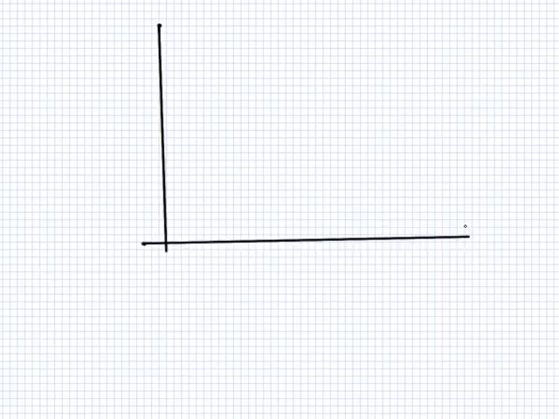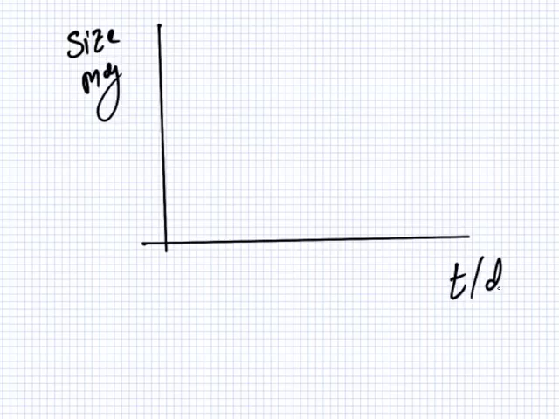Just to give you a biology example, I don't know if this is semester 1 or semester 2, but say something like fetus development. Here we have size, which maybe could be in milligrams or grams, and here is time, which maybe could be in days.